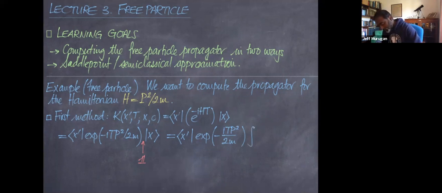So I will write that identity as the integral over momenta of momentum eigenstate p in outer product p, and then here's my original state x prime. So this comes from the identity operator.